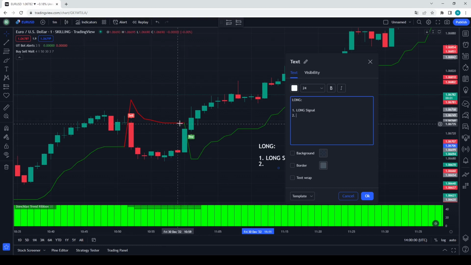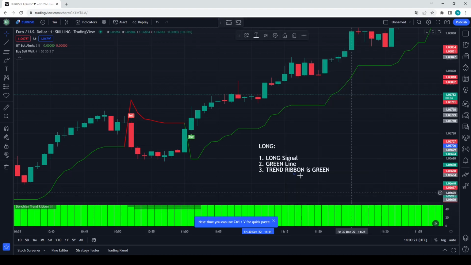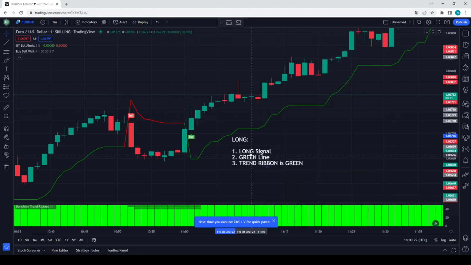Like here, it changes from red to green. So we have a green line. The last condition is that the Donchian Trend Ribbon has to be green as well. I just write it down a little bit shorter: the trend ribbon is green as well. These are all the three conditions that have to be valid.